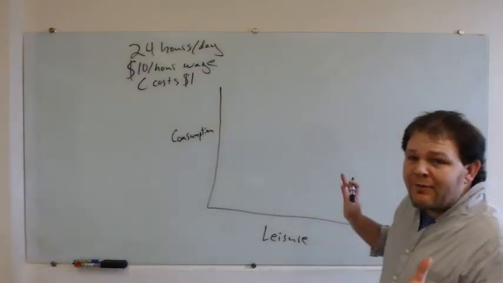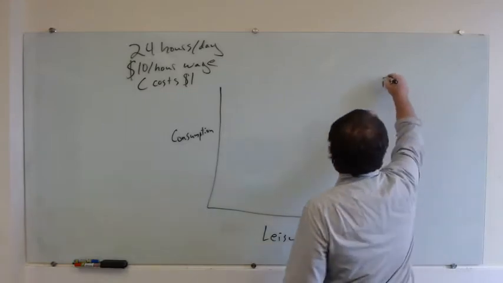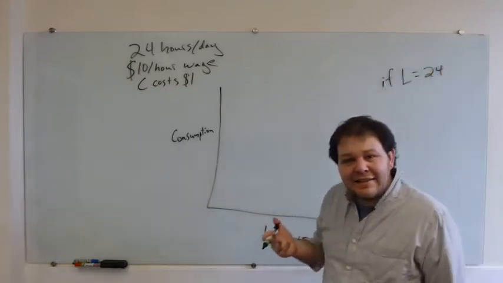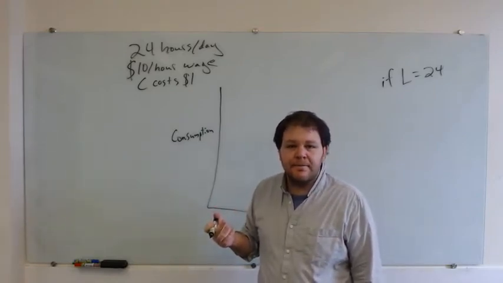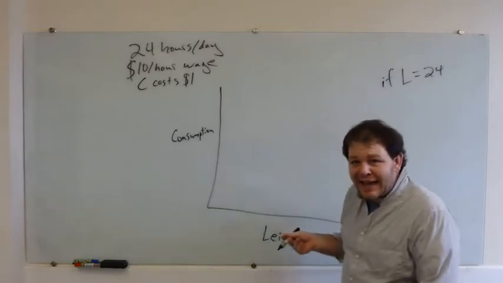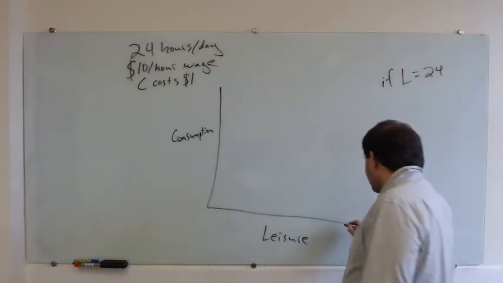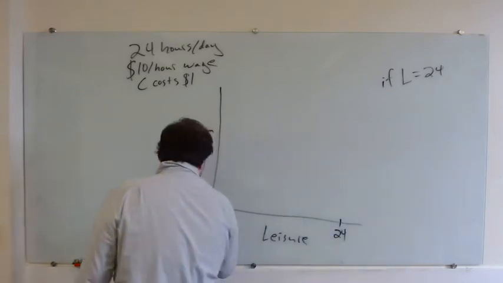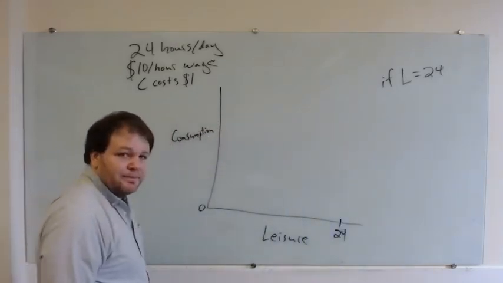I spend 24 hours a day relaxing. In that case, how much consumption would I have? I've got no money other than what I earn. If I spend 24 hours a day relaxing, I've got no money at all. So I would have 24 hours of leisure and 0 units of consumption.